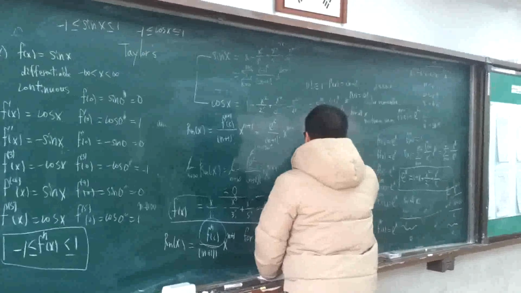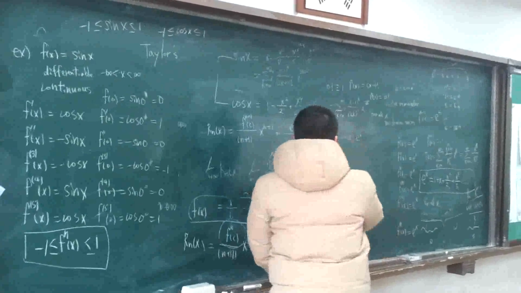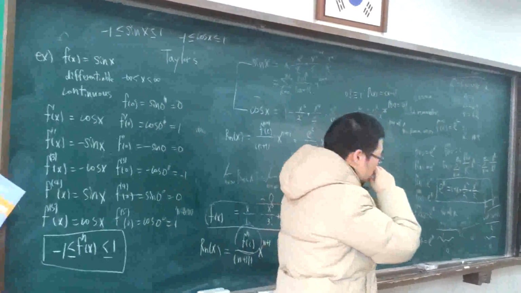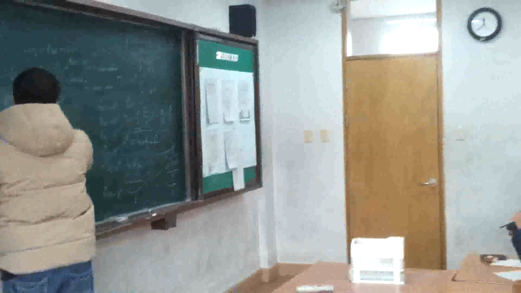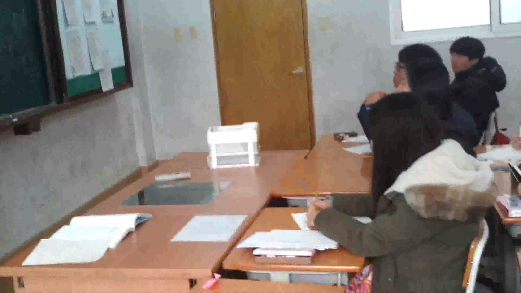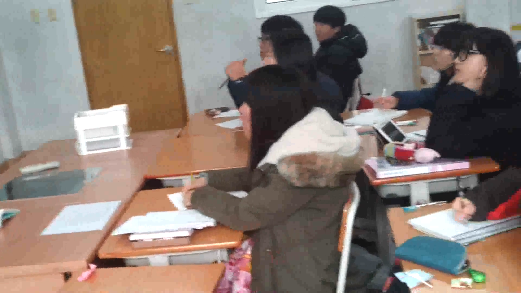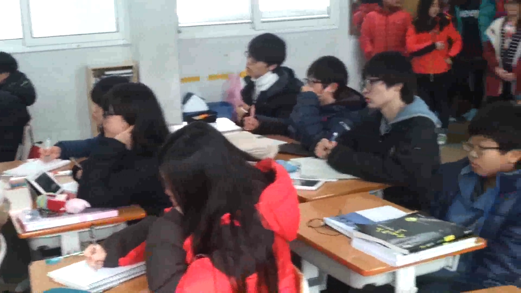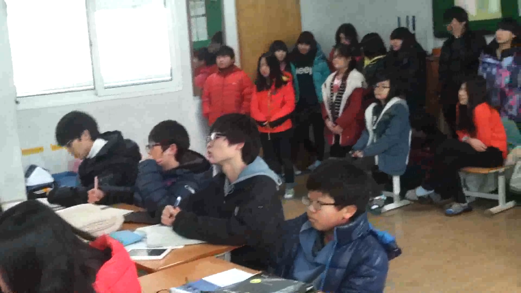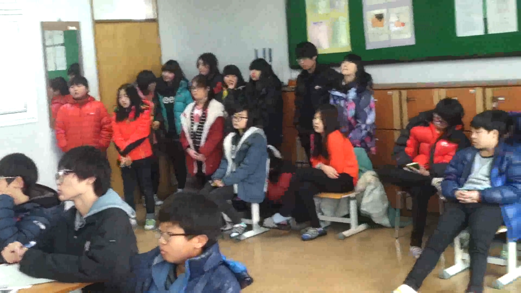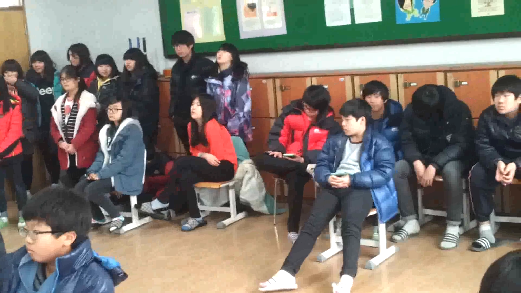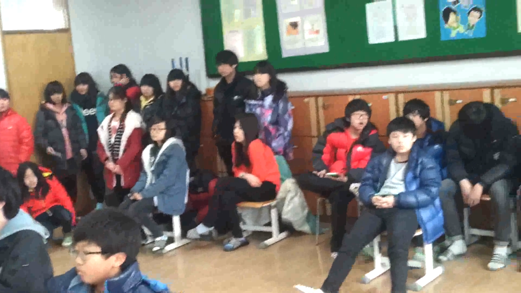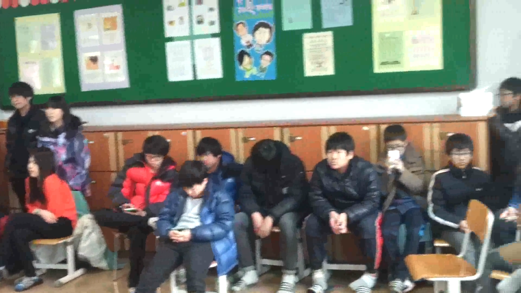Let's consider e^(ix), where i equals what? The square root of minus 1. So if we substitute ix for x, then we can find 1 plus ix plus (ix)^2 over 2, cube of ix, and go like that.